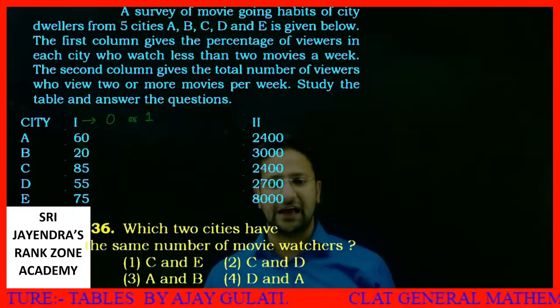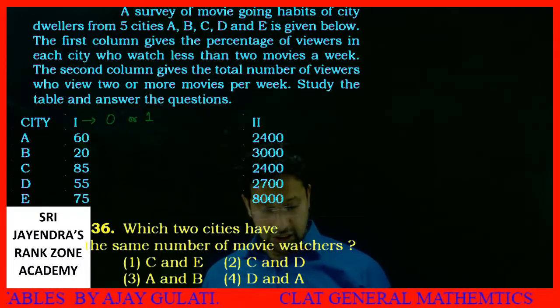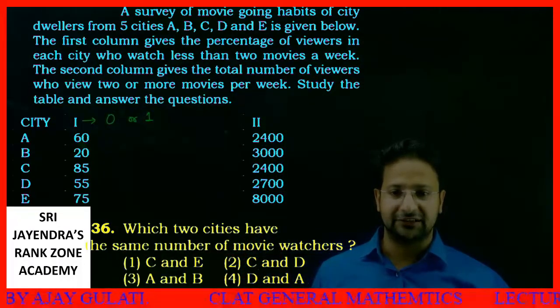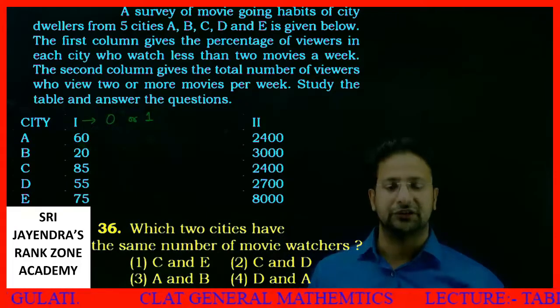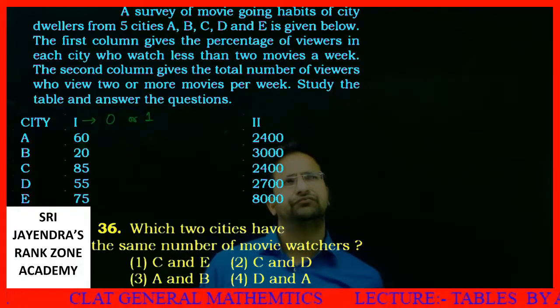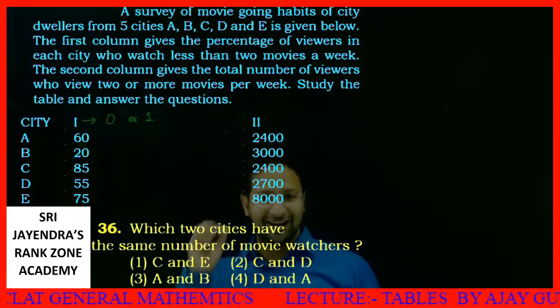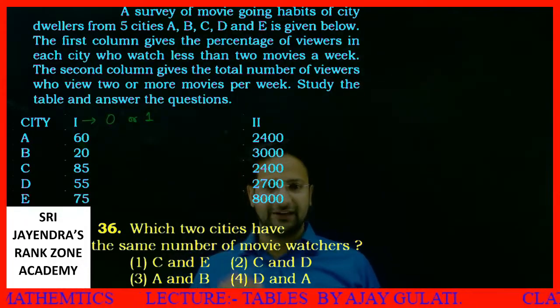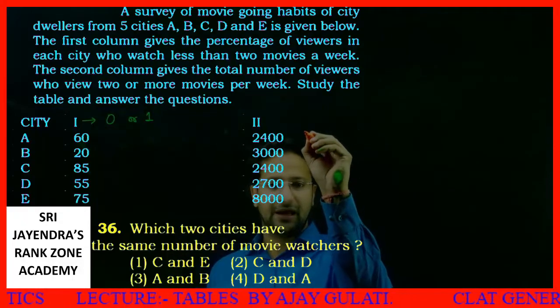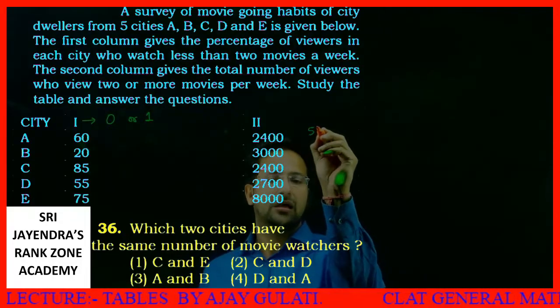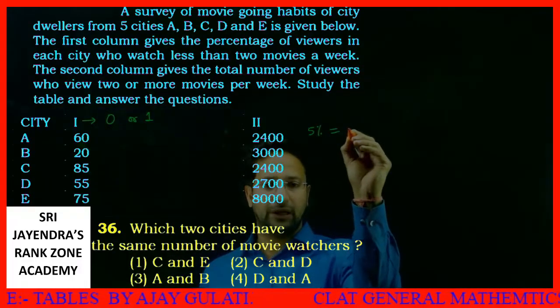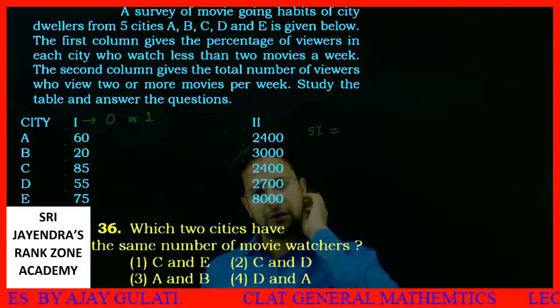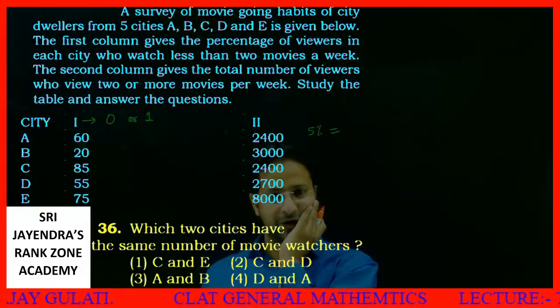Which two cities have the same number of movie watchers? See, why did I rub it? Things were easy earlier. 5% came equal in which two parts? Let's check it again. Here I'll say 5% came out to be 40%, 24, and 5% is equal to 300.